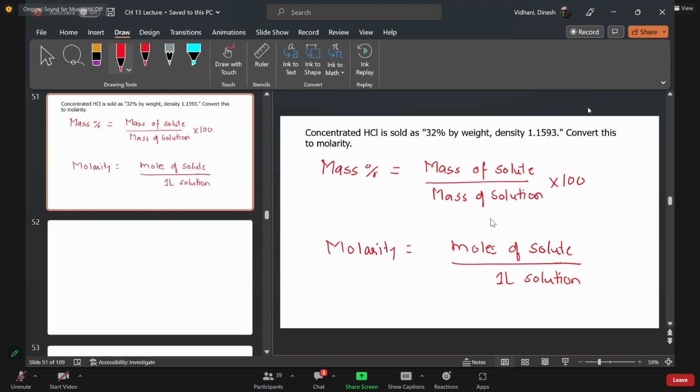The first one will give you the weight of your solute and the weight of your solution. How would you convert the weight of solute into the moles? Number one. How would you convert your mass of solution into the volume of solution? Because that's what you need in the numerator and the denominator for the molarity. While you are doing it, I will just go back to the attendance and look into the chat. So I'll give you 2 minutes to do that.